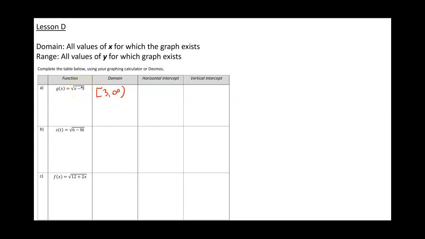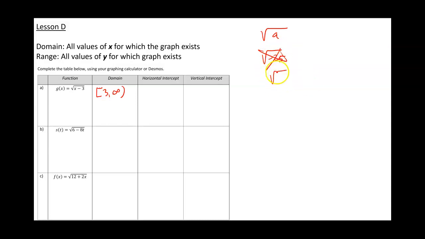Now there's another way to get the domain. For all square root functions, let's say we have the square root of a, if you take the square root of like negative 25, you'll have an error. We can't take square roots of negative numbers. We can only take square roots of numbers that are 0 and greater.